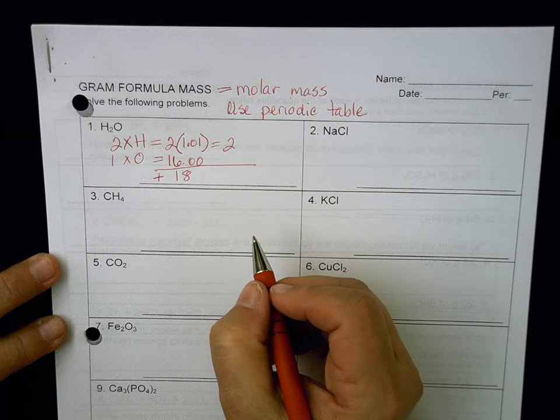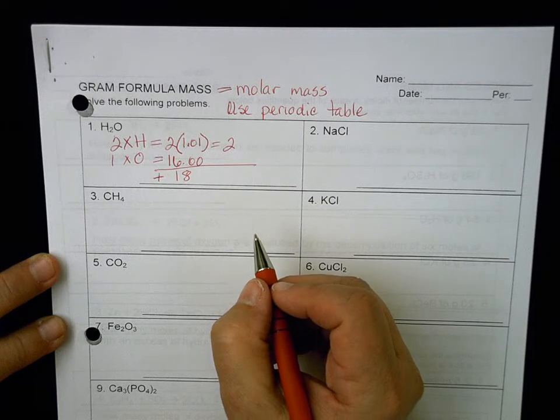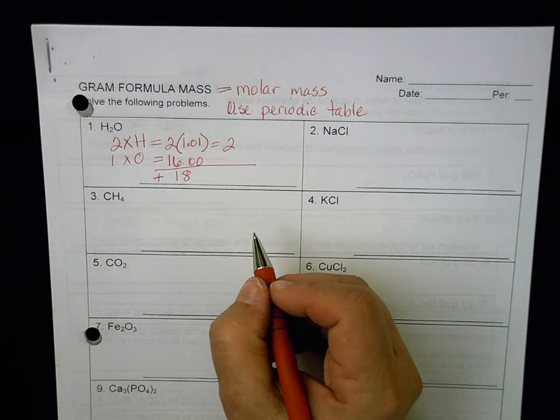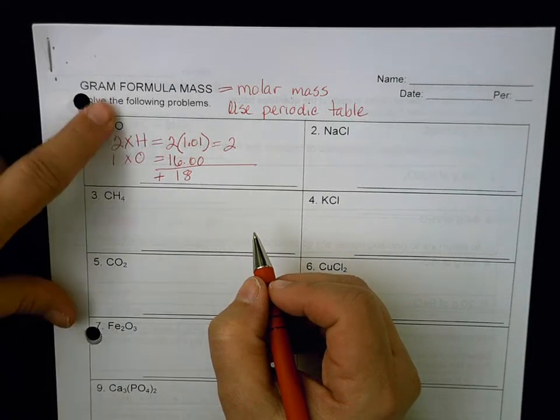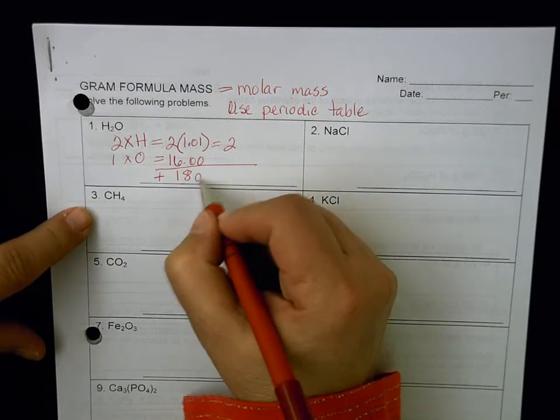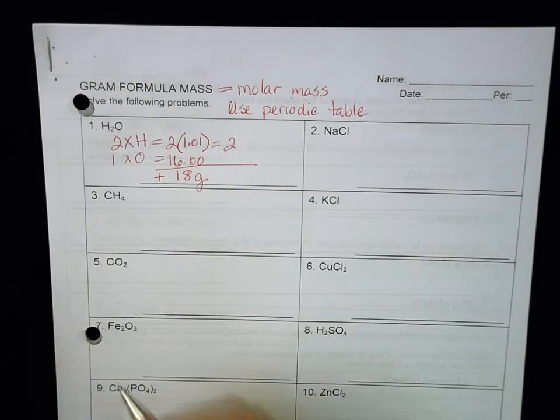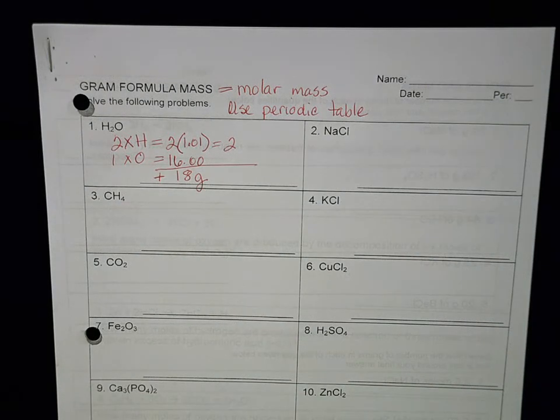So water's mass is 18. 1 molecule of water would be 18 U's or AMU's, but it's telling us to find the gram formula mass, so we're going to add grams for the unit. It's really asking us to find the mass of 1 mole, or molar mass. That's all you actually have to do. It's looking them up and adding the components.